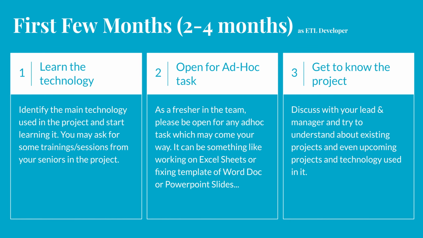Coming to the 2 to 4 months, one more thing I can tell you is that in 2 to 4 months you can expect to witness a production release, the code deployment in production. That is a special activity for a fresher, because for the first time you will see whatever the team has built going into production, and for the next 2-3 days it is monitored very carefully so that nothing breaks on production.